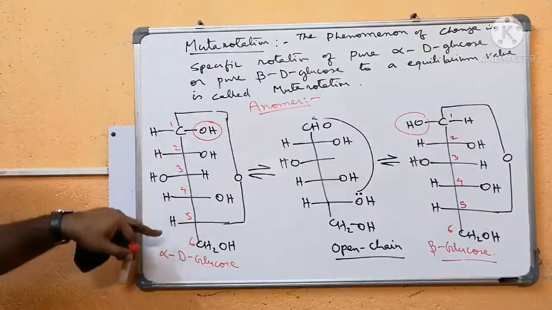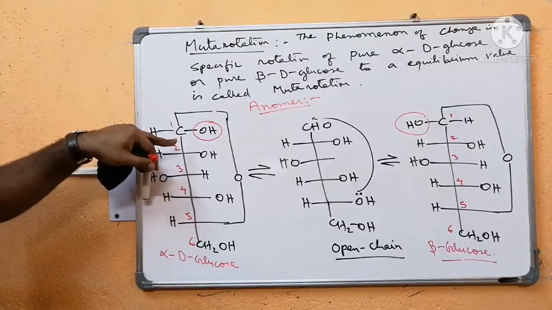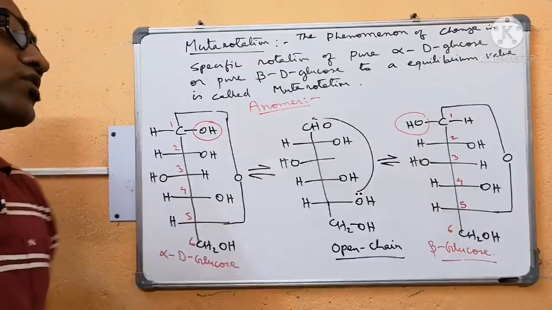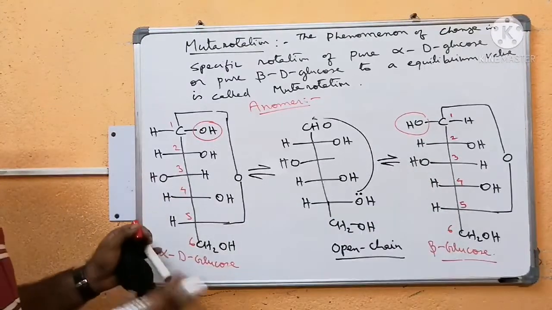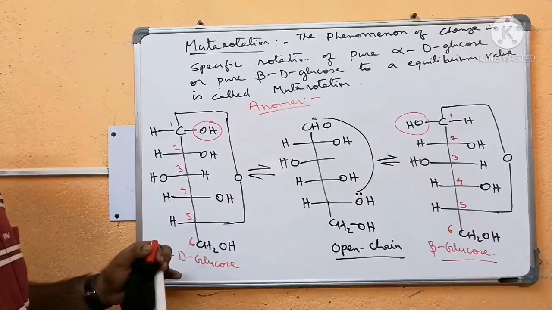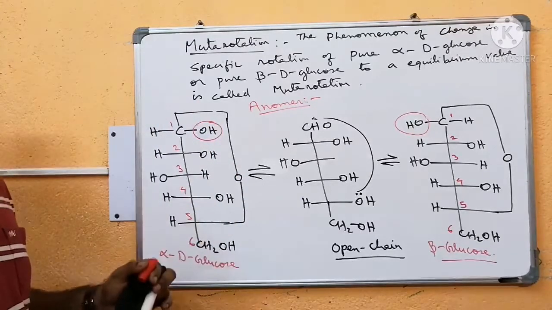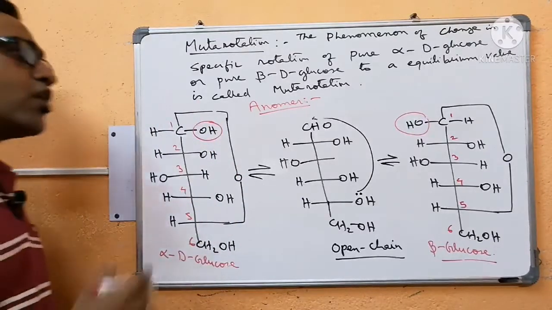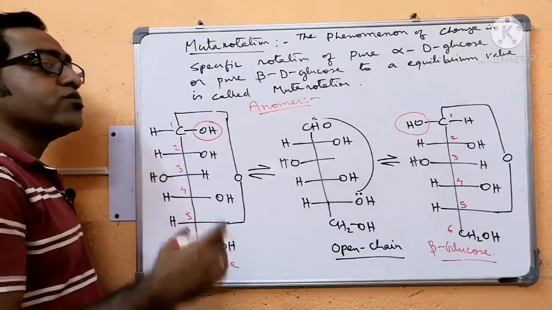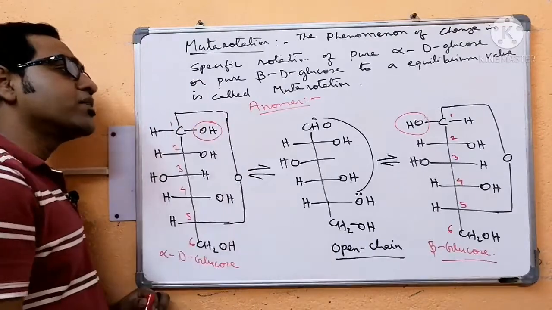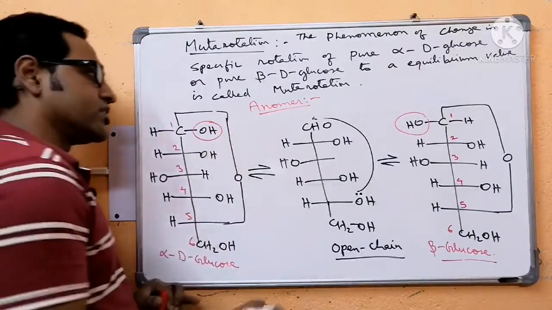In the alpha D glucose, the OH on the C1 is on the right hand side. In beta D glucose, the OH is on the left hand side. So there is change in configuration of only one carbon atom. Such isomers are called anomers. So how we will define? Isomers which differ in the configuration of one carbon atom are called anomers.